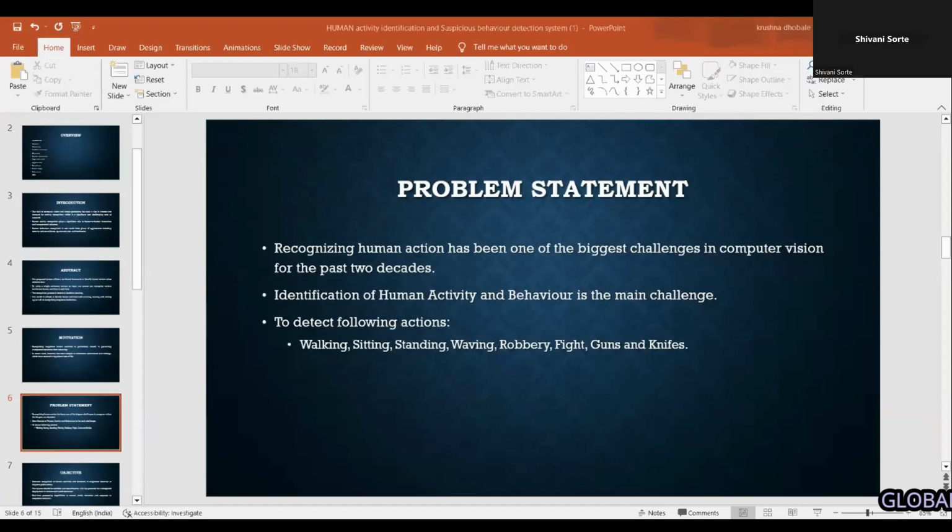For the suspicious behavior system, we have a video input through which we give the video to the model, and from the video it extracts the frames and features using those joint points. It identifies the behavior or activity which has been performed by the person in the live web camera.